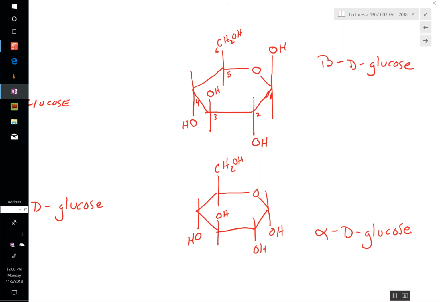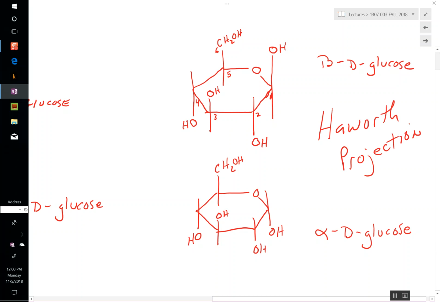This is glucose. What's going to differ is where this OH is for galactose. Okay, so this is a Haworth projection. So when you hear that term, you know you're talking about the cyclized form and drawing of it. How do I draw this cyclized form?